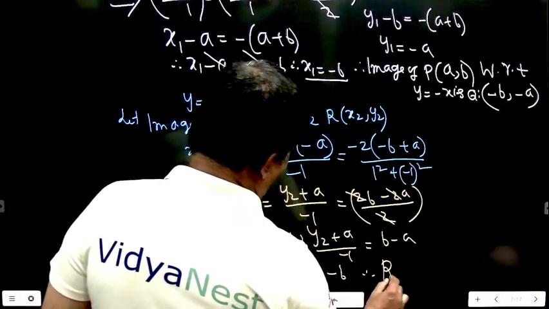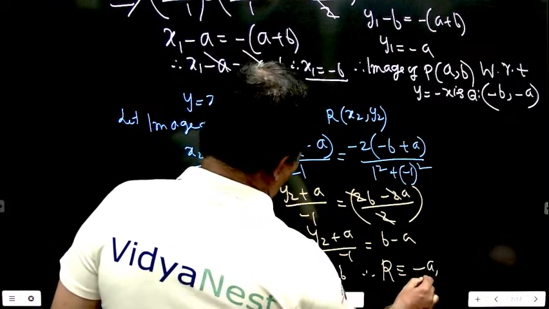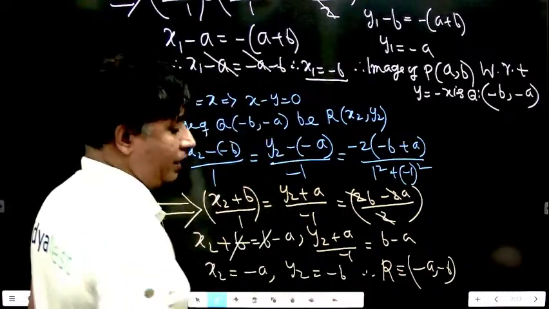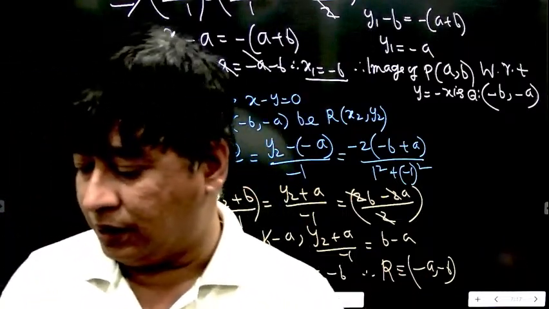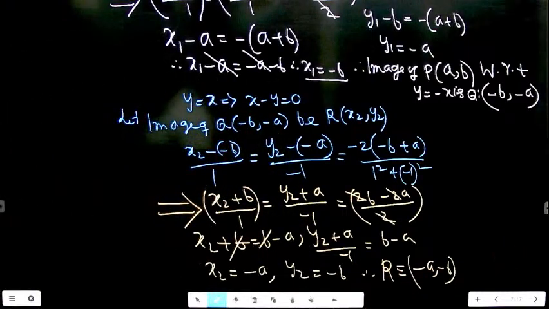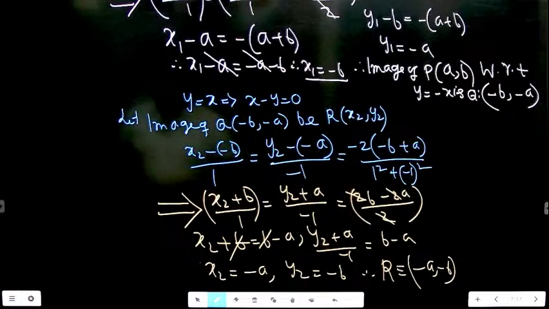So the point R is minus a, minus b. So the image of Q is derived as minus a, minus b. Okay. Got it? Got it, sir.